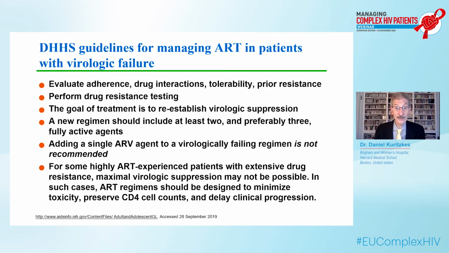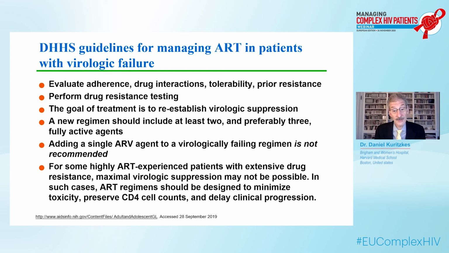This is usually genotypic resistance testing, because the goal of treatment is to reestablish virologic suppression. A new regimen should include at least 2 and preferably 3 fully active agents, because as previously discussed, adding a single antiretroviral agent to a virologically failing regimen is really giving serial monotherapy and is strongly not recommended.